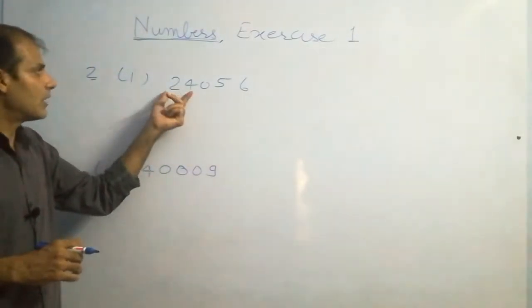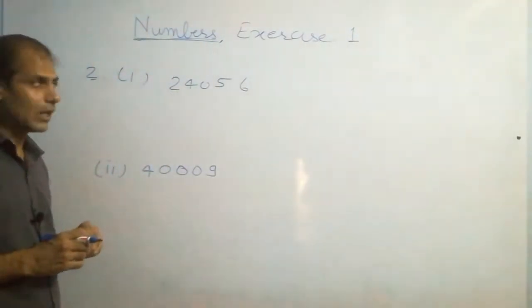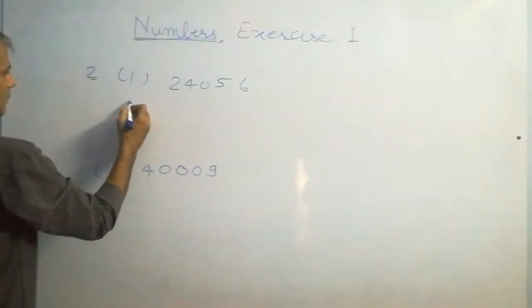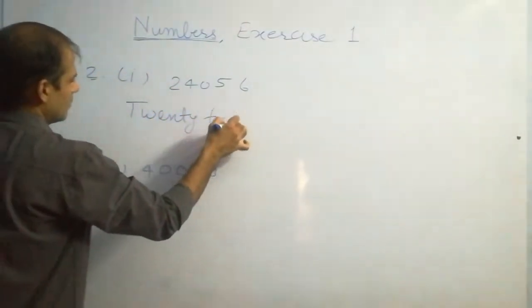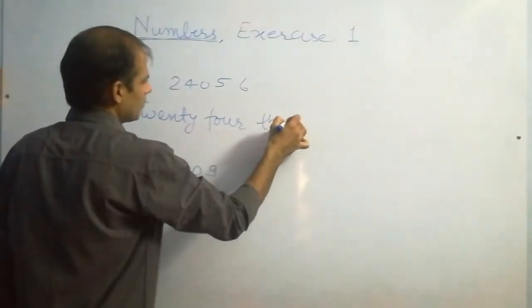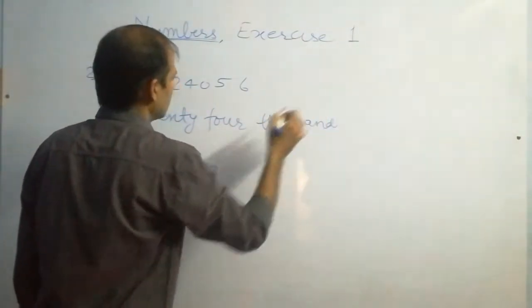10,000s means it is 24. Okay, so we will write 24,000.